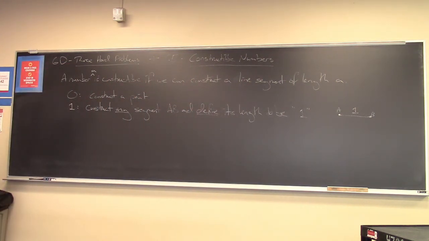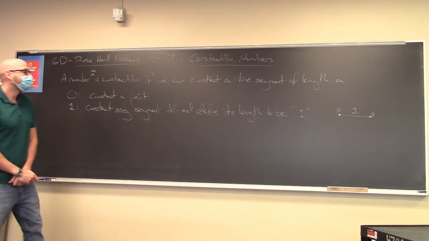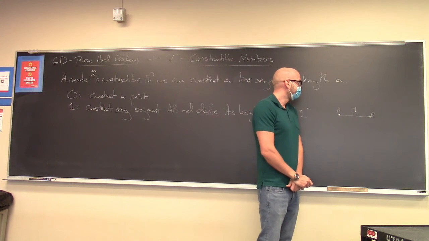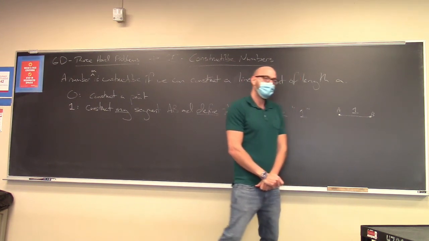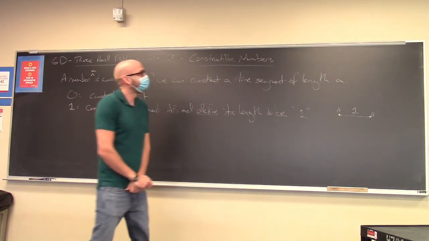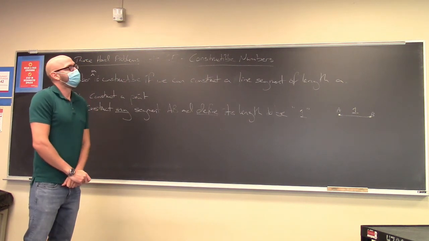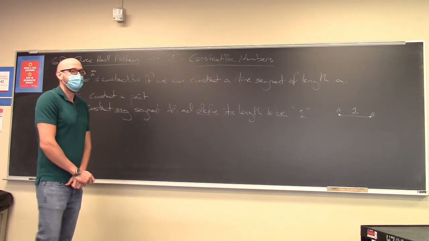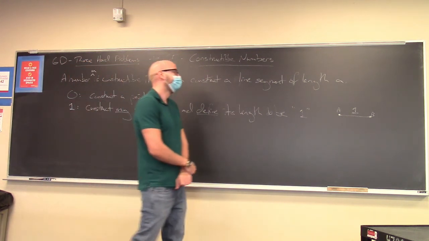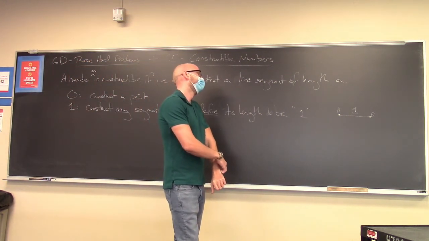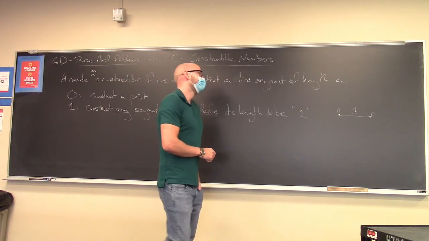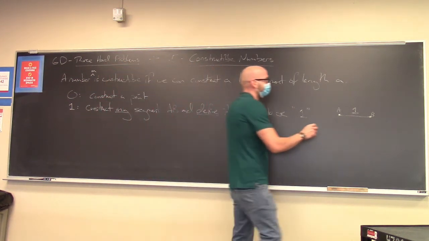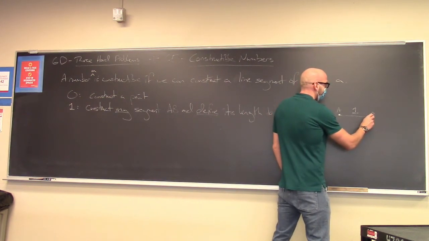Can I construct 2 based on this? How would I construct 2, Adam? Erect the perpendicular to AB at either A or B, and then your compass remembers length, so you can draw a circle of radius AB centered at B. Or, well, I guess you wouldn't even need that.